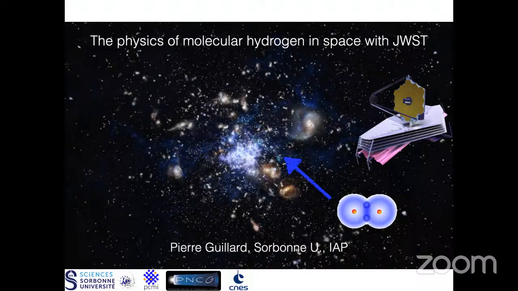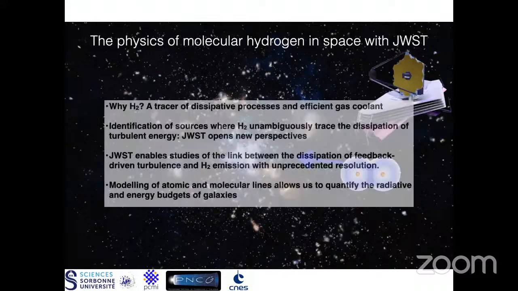So I'm mostly interested in this role as a tracer of turbulence and mechanical energy dissipation in active phases of galaxy evolution, like AGN feedback or merging galaxies. So I'll try to go through those questions and points here.